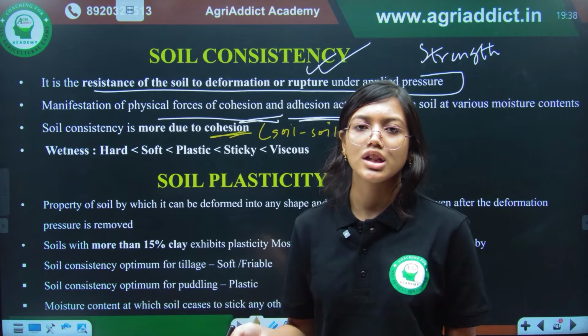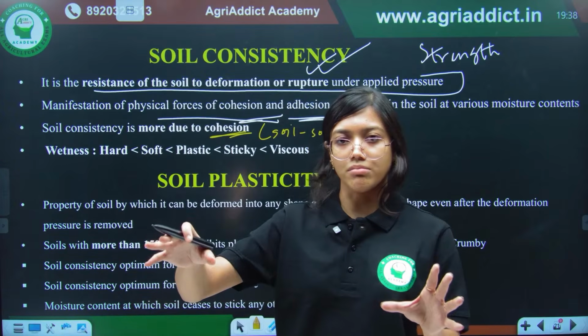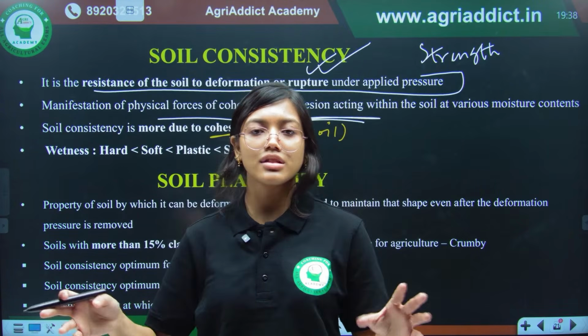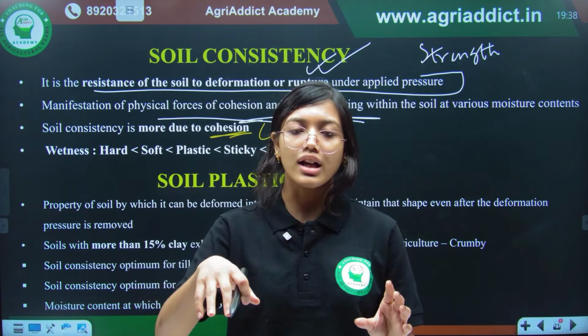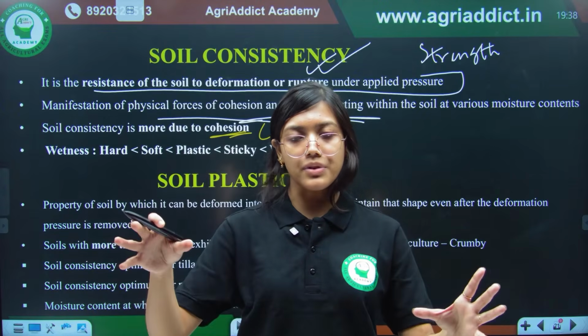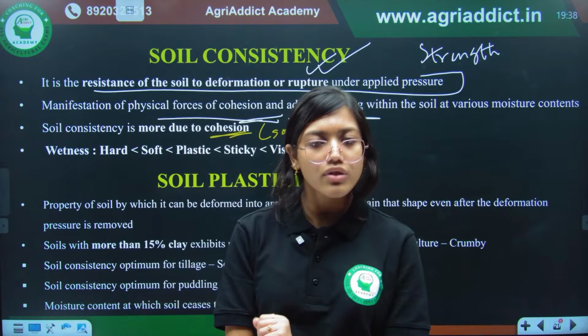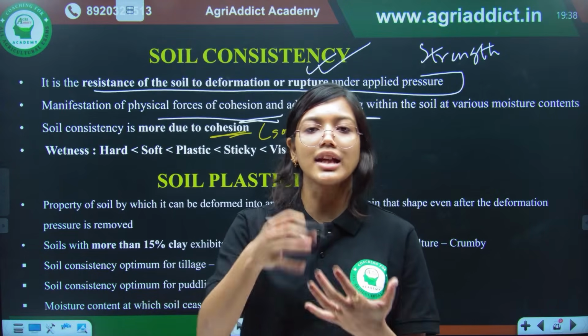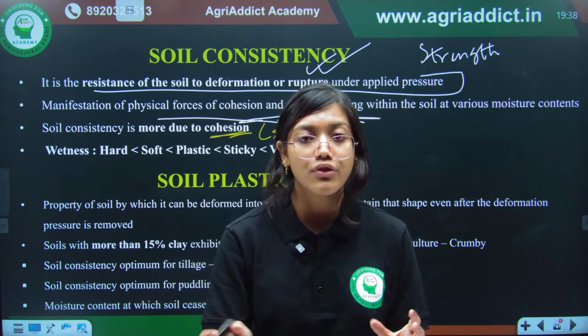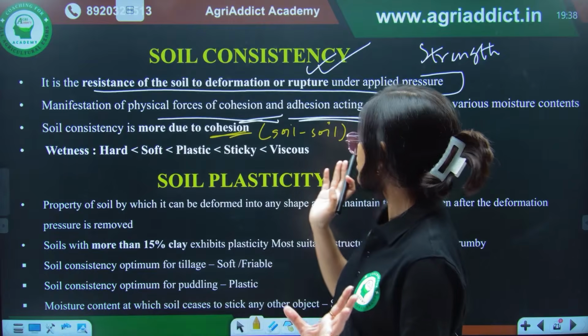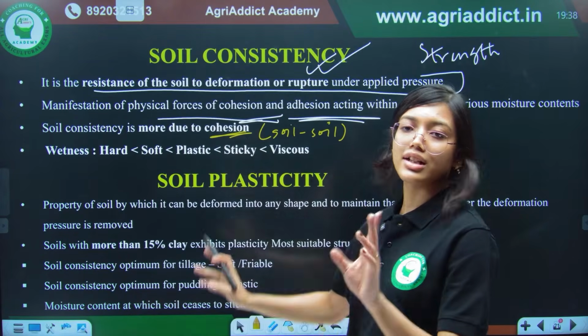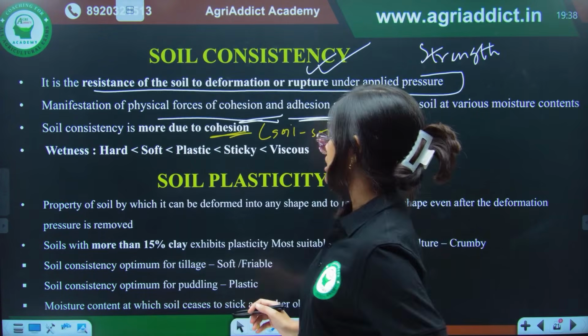Consistency means you are maintaining a continuum. You are consistent in your preparation means you are reading every day. Okay, you are maintaining your preparation. So, if your soil is consistent, that means it will hold itself together. If it is not consistent, that means it will have more adhesive forces, it will stick to any other foreign object. So, that is why it is directly due to cohesion.